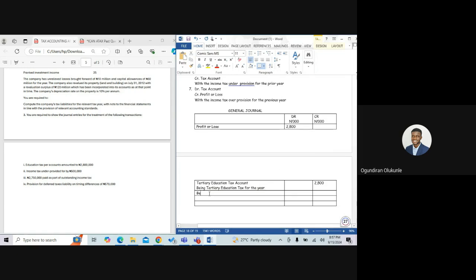The second one, we have income tax under provided.